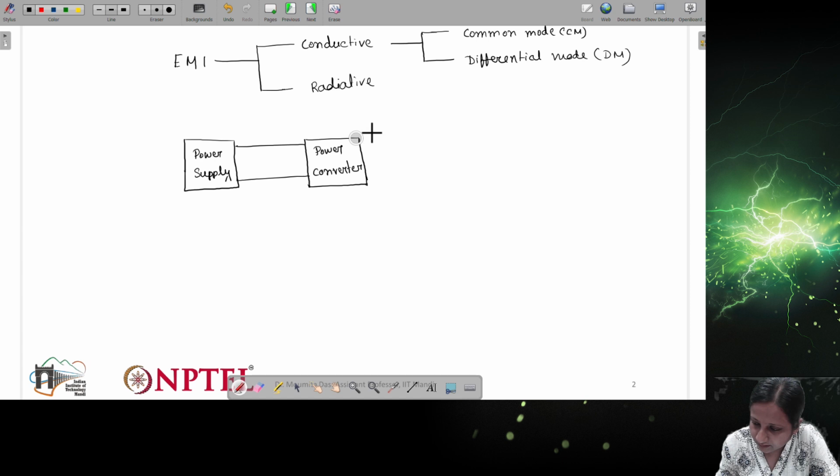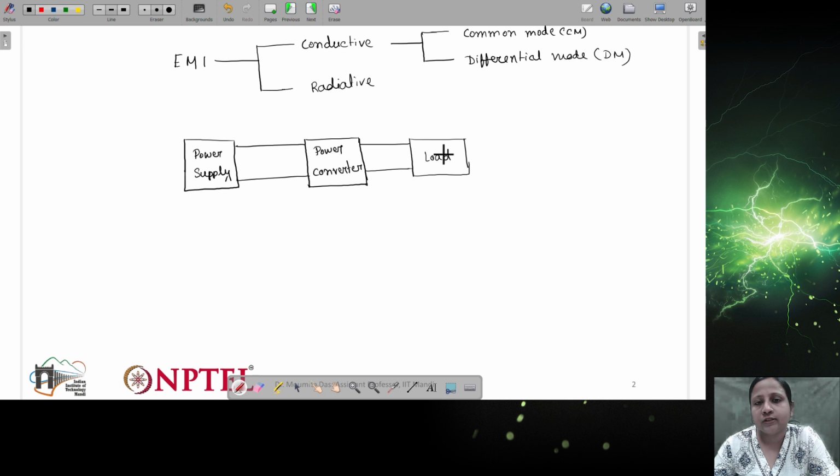Then this power converter will be connected to some load. This is the basic structure of any power electronics system. Again, the load can be AC or DC, the power supply can be AC or DC, and the power converter can be any type of conversion.